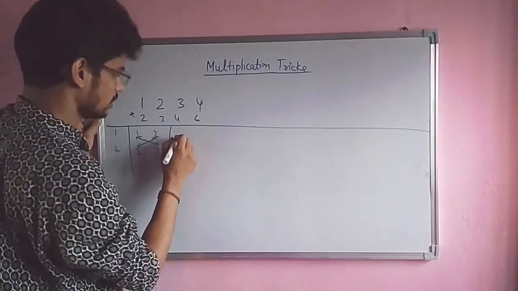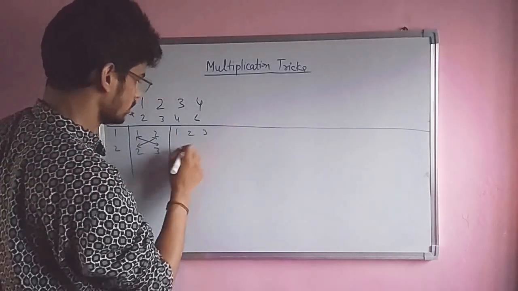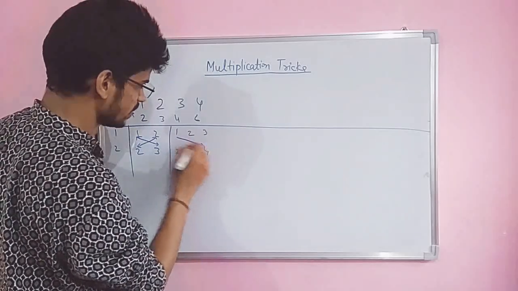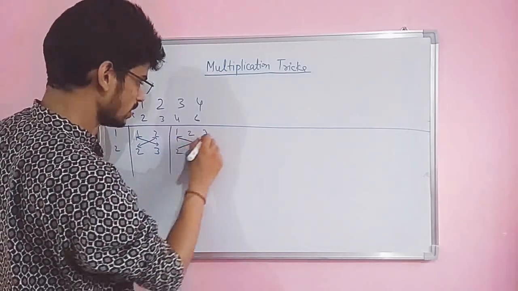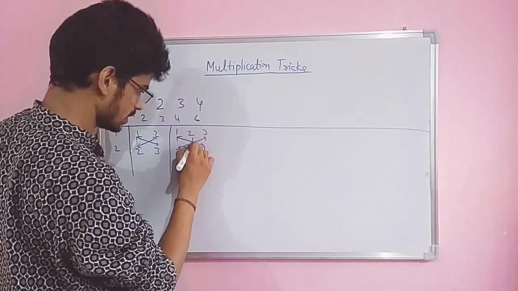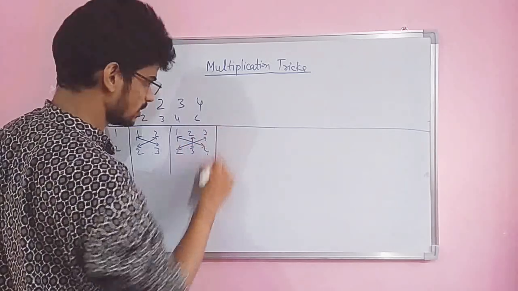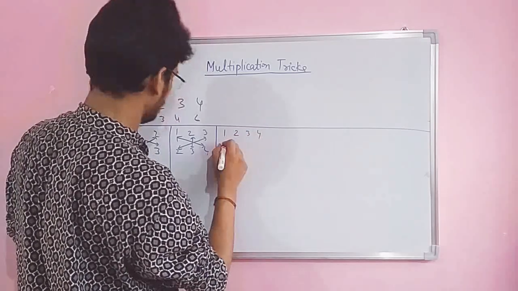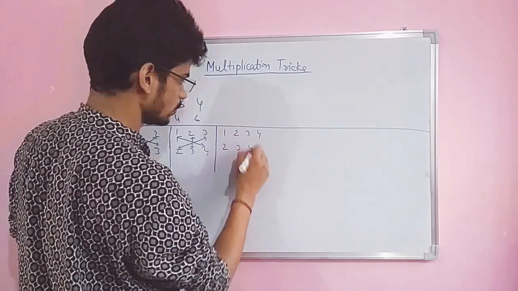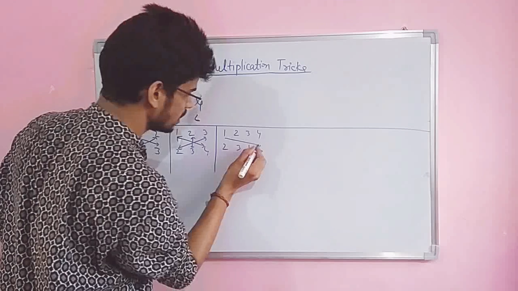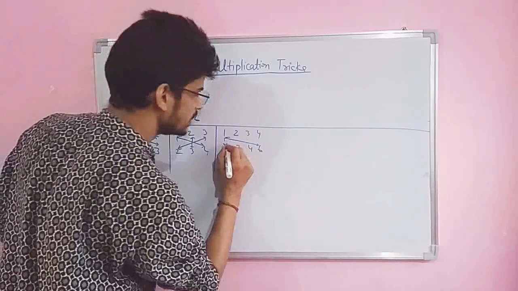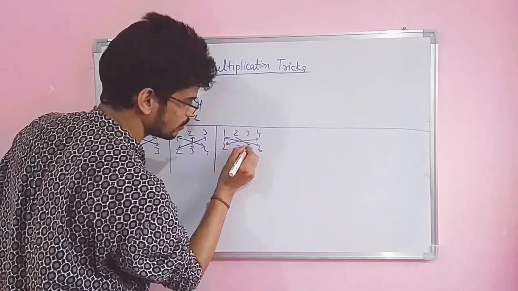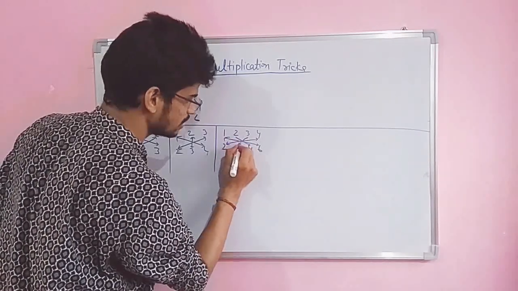Here, 1 2 3 and 2 3 4, cross multiply the ending digits diagonally, and in between like this. Next is 1 2 3 4 and 2 3 4 6, cross multiply the digits diagonally. Next is 4 multiplied by 2 and 3 multiplied by 3, like this.